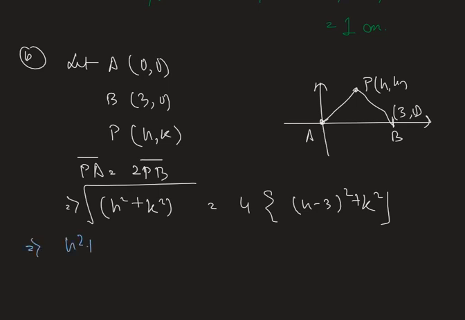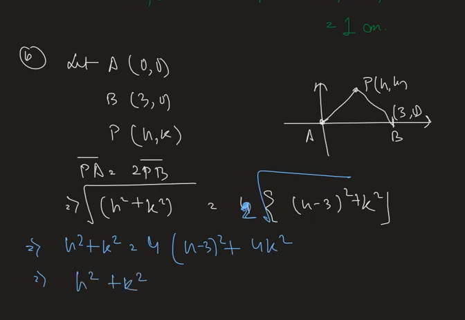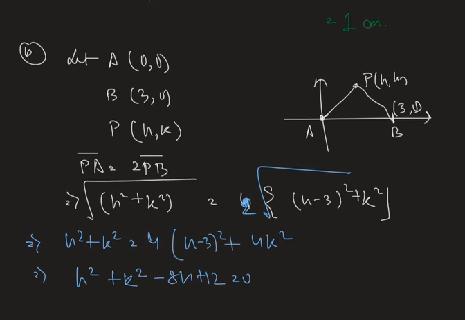So from this we get h square plus k square is equal to 4 times h minus 3 whole square plus 4k square. Hence, after solving this, we get h square plus k square minus 8h plus 12 equals to 0.